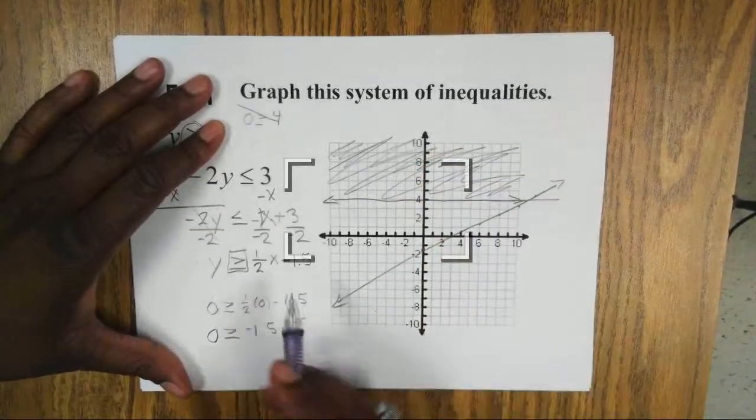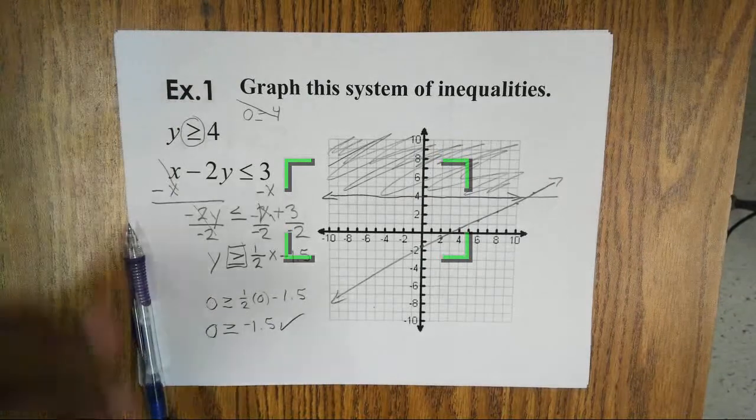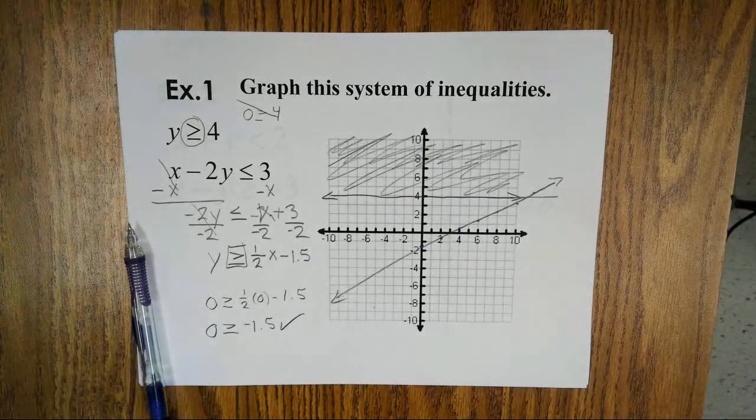So that means the side that 0, 0 is on is where I'm going to shade. And you know what, let me grab a different color so that we can see the overlapping clearly.